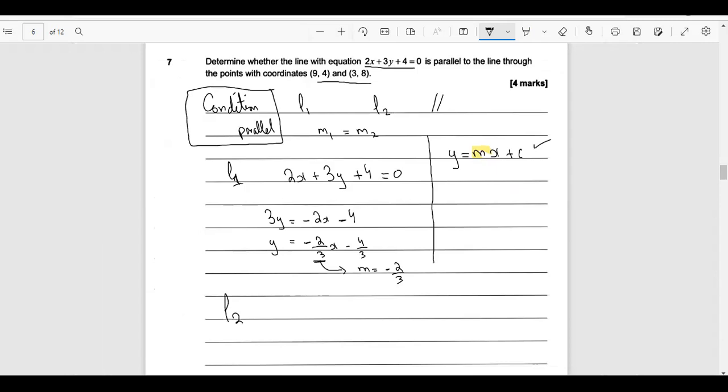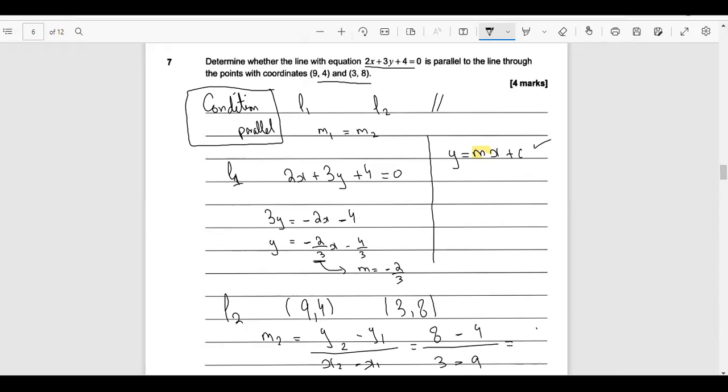For line 2, we have two coordinates, 9, 4 and 3, 8. For finding the gradient, we will do m2 equals the general formula y2 minus y1 divided by x2 minus x1. You can use any point as second point or first point. It's completely your choice. So it would be 8 minus 4 divided by 3 minus 9.